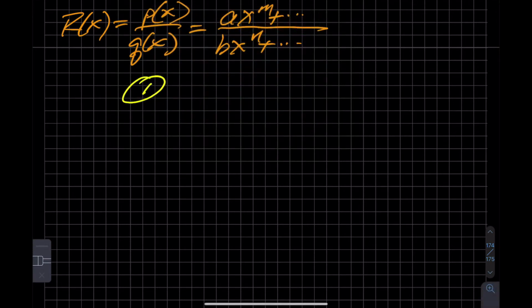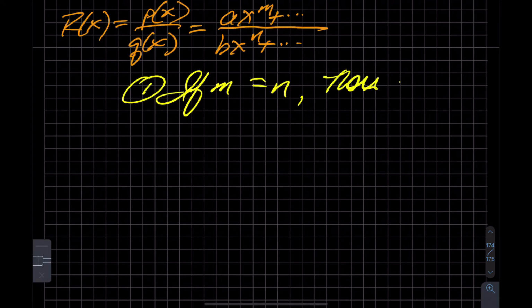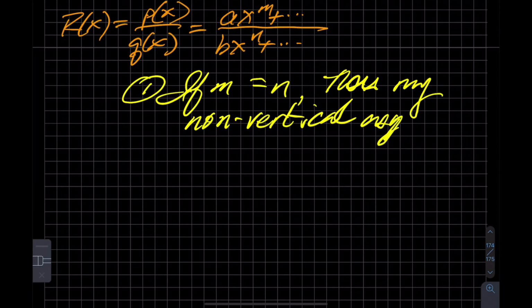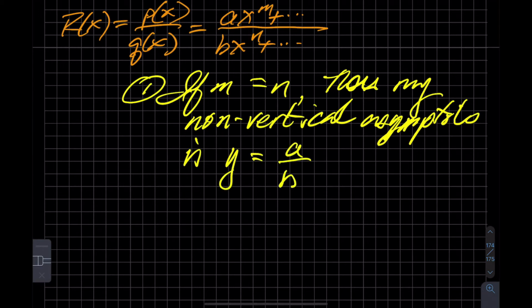Okay, so scenario 1 is if m is equal to n. I'm saying that if the two polynomial functions are of the same degree, whether they're both quadratics or cubics or whatnot, if m equals n, then my non-vertical asymptote is y equals a over b.